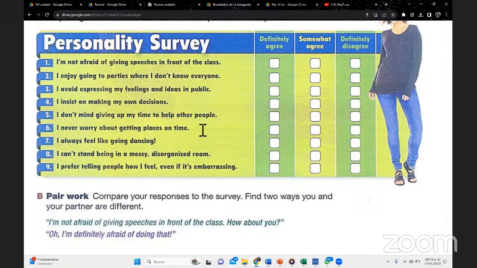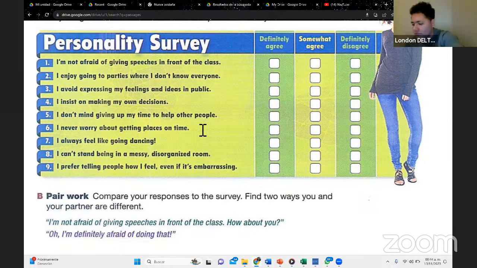For me, definitely disagree because I'm always worried about getting places on time. I'm anxious if I don't get there on time. Yes. I have to say that, yeah, I struggle arriving on time or doing things on time, but I'm improving little by little. Things are changing.